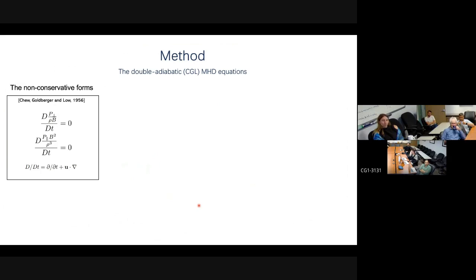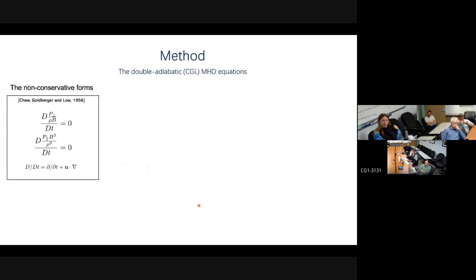We start from the double adiabatic MHD, also called the CGL MHD equations. Chew, Goldberger, and Low originated the CGL or the double adiabatic equations, assuming a gyrotropic distribution. Then they integrated the moments of the Vlasov equations to get equations for the perpendicular and the parallel pressures.